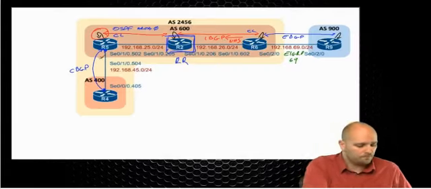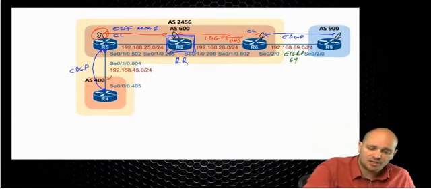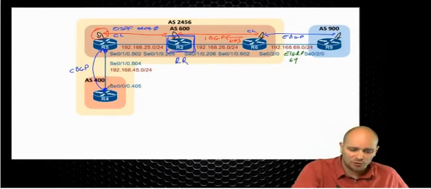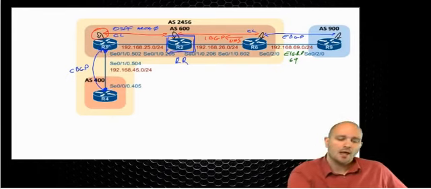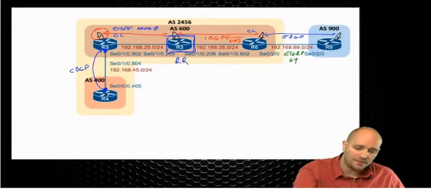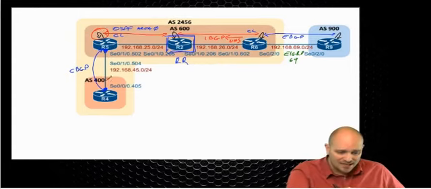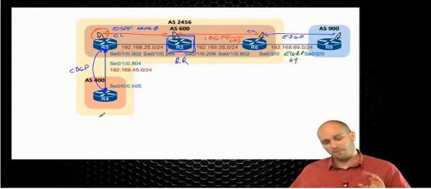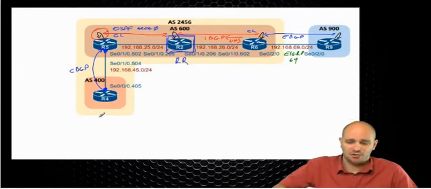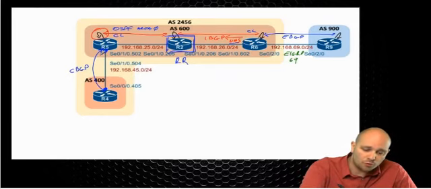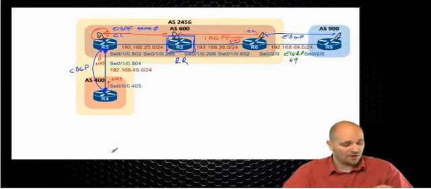So even though this peering may have certain characteristics of external peering, in the sense that we would still by default need to be directly connected, the next hop is unchanged, just like inside the autonomous system. So even here between these two confederation members, I need to do something extra. So I'm going to do the same thing that I did on this peering: next hop self in this direction, and next hop self in this direction as well.